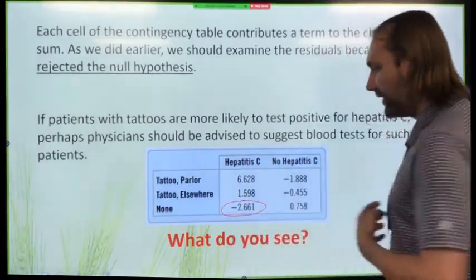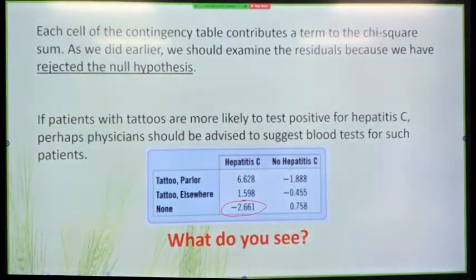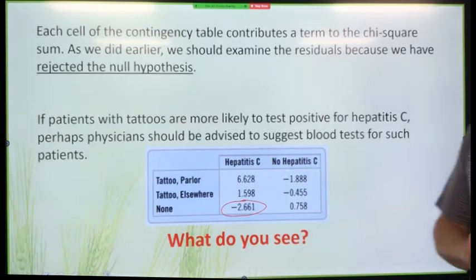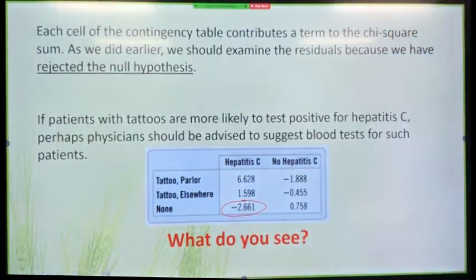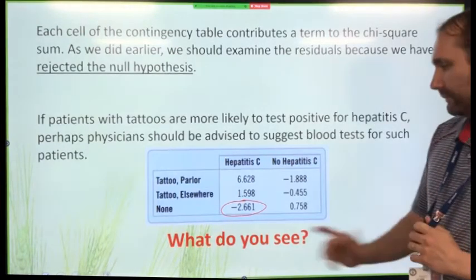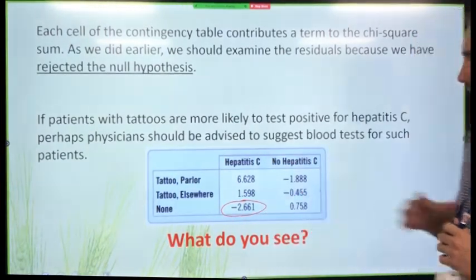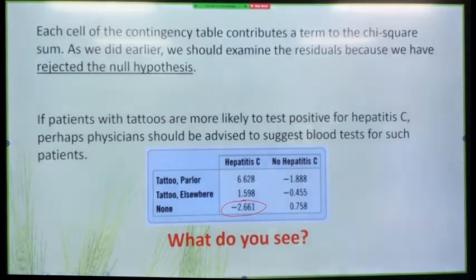So what do you think that means if I have a negative residual? People with no tattoos are what in regards to hepatitis C? Yeah, less likely to get it, right? And who do you think is more likely to get hepatitis C based on the residuals?